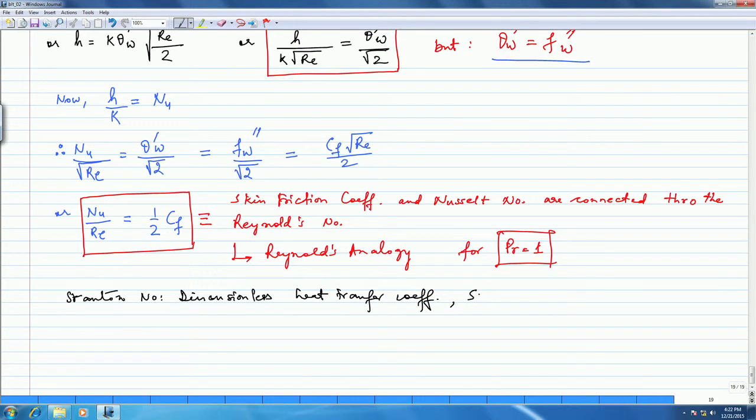Let us say the Stanton number is equal to half of the skin friction coefficient.